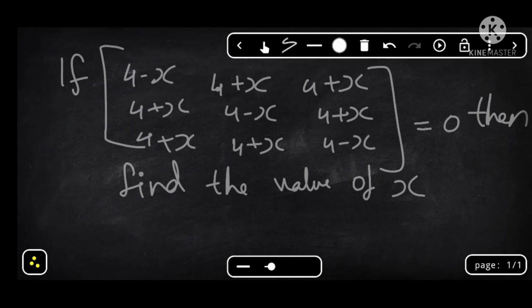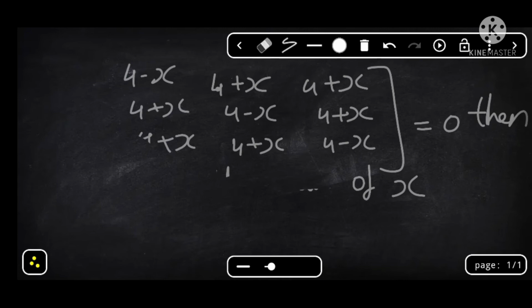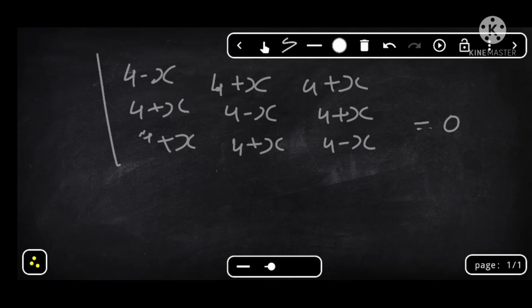So if this is the given function, then find the value of x. Okay, so for that, what we can do? So first of all, just make it in the form of a determinant. Just remove the square brackets and make the determinant form. So now here I am going to apply R1 as R1 plus R2 plus R3.